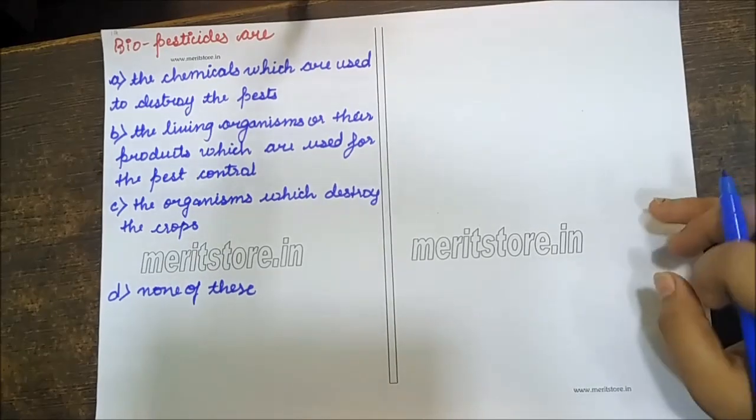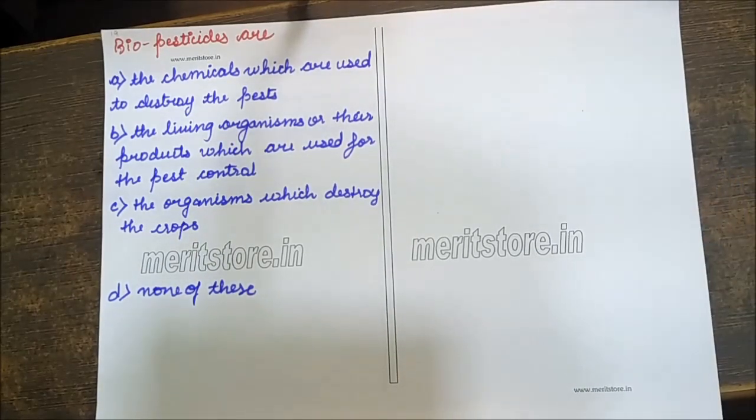Biopesticides are the chemicals which are used to destroy the pests, the living organisms or their products which are used for the pest control, the organisms which destroy the crops, or none of these.